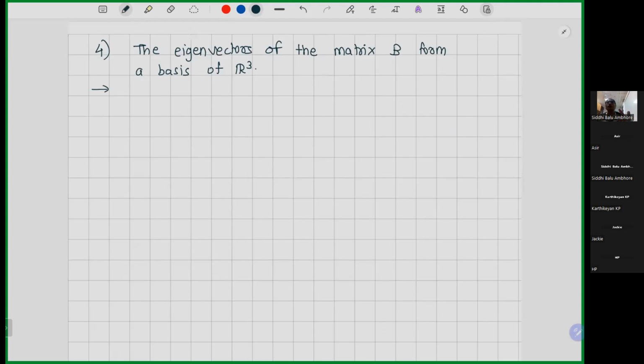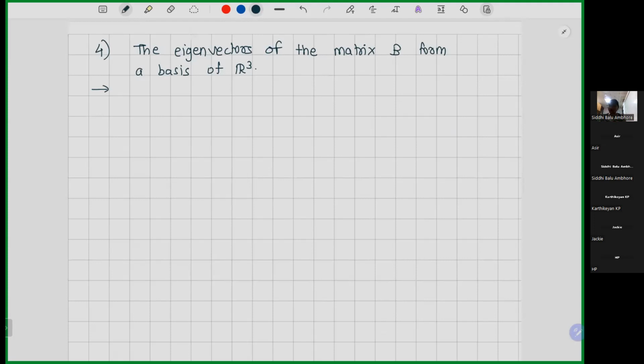So we have distinct eigenvectors, and since there are three distinct eigenvalues, we will have three distinct eigenvectors, and that's why this matrix B will form a basis of R3, because R3 has dimension 3 and we got three vectors which are linearly independent.